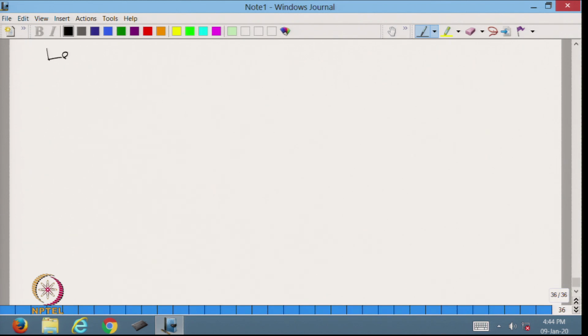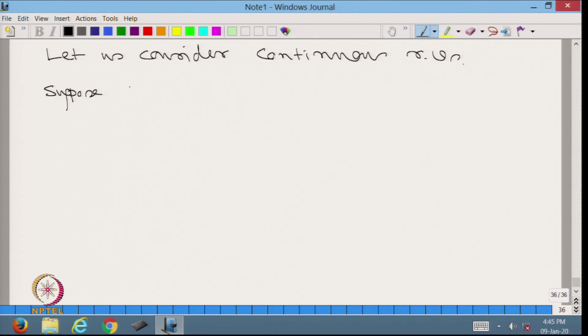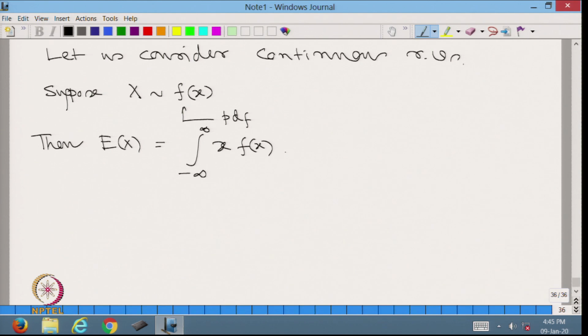Let us now consider continuous random variables. Suppose X is a random variable with the PDF f(x), then the expected value of X is defined as the integral from minus infinity to infinity of x f(x) dx, if it exists.